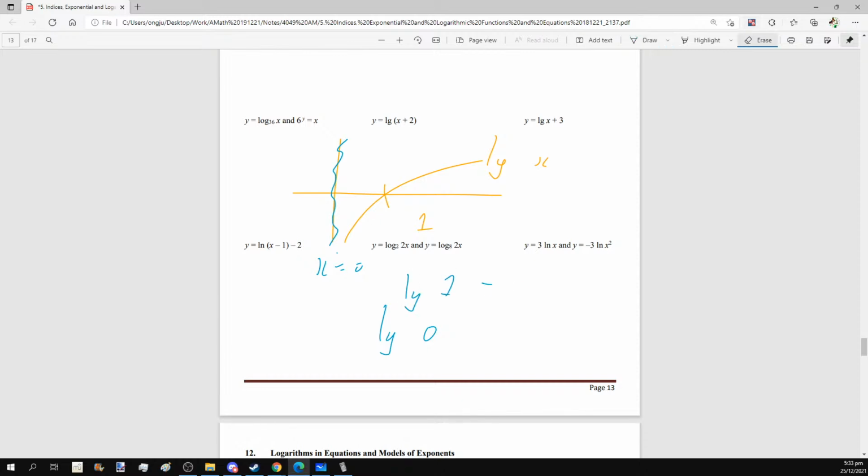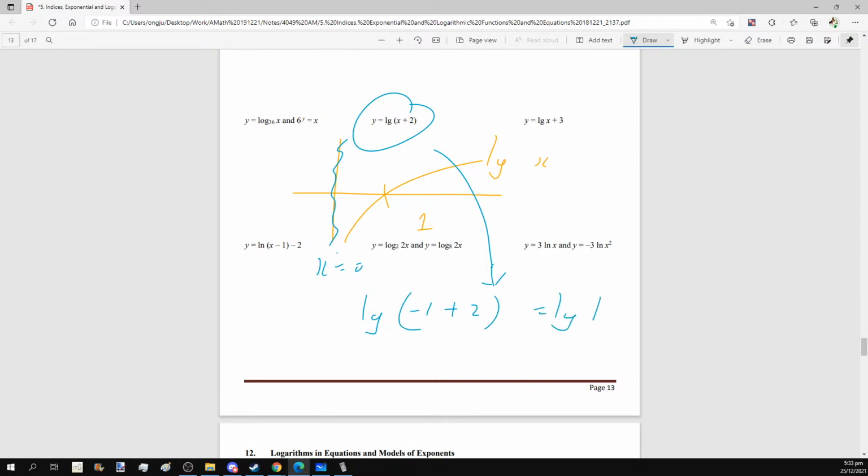But what happens when you have lg(x plus 2)? In lg(x plus 2), we will see that the rules of the game have changed. Now, if x equals -1, then I'll get lg 1, which will then give me 0. In other words, -1 over here will be the x-intercept.